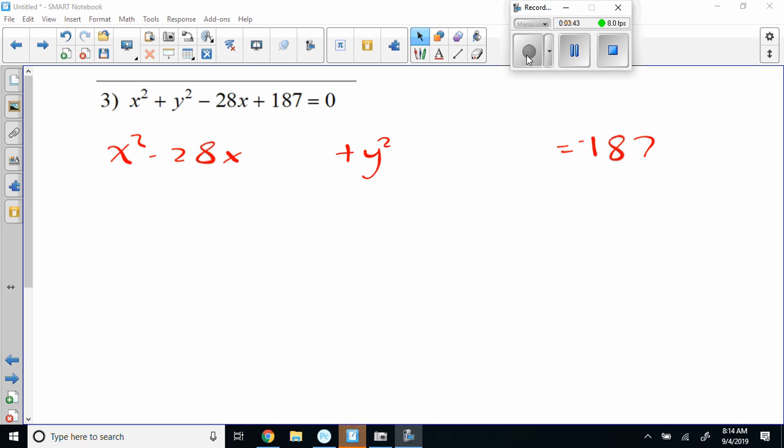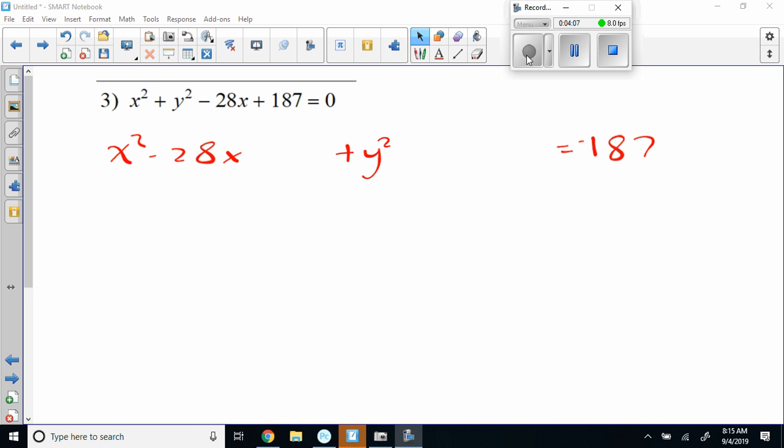Okay? That process will never ever change. At this point, we do not have to complete the square of y squared because there's no linear term. As we talked, it's already a perfect square, right? Y squared is already perfect, so you don't have to do anything with that.